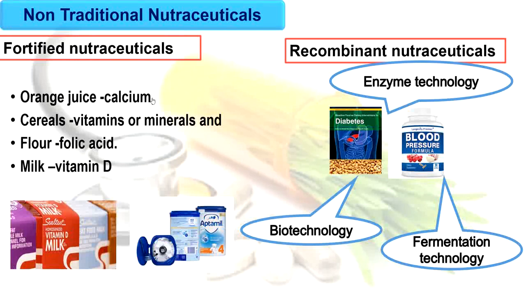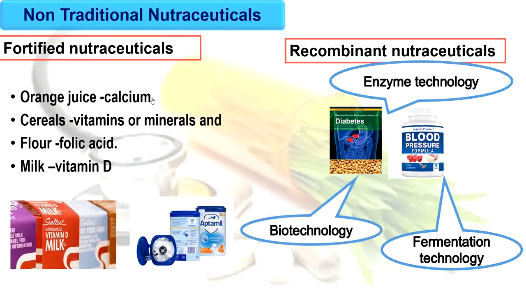So it also enhances the absorption of calcium present in the milk. To give multiple effects to the human body, companies are incorporating certain components with food products. So that is termed as fortified nutraceuticals.